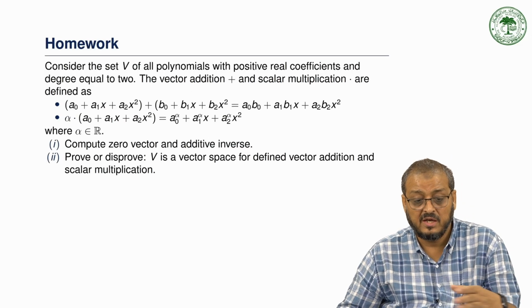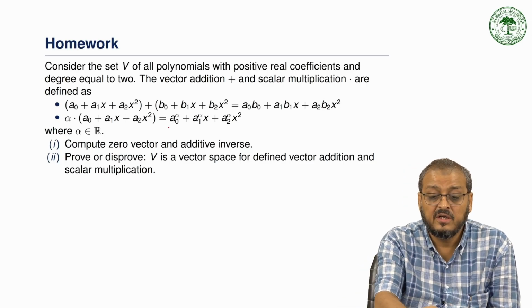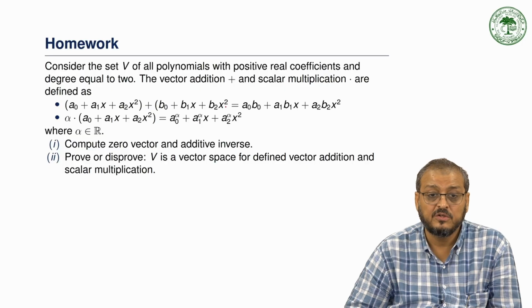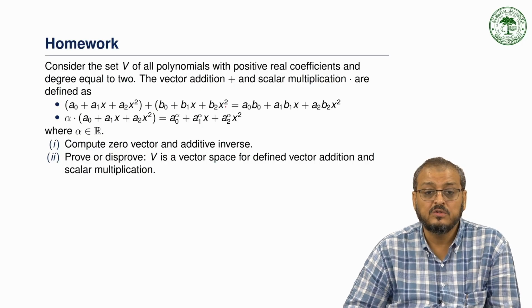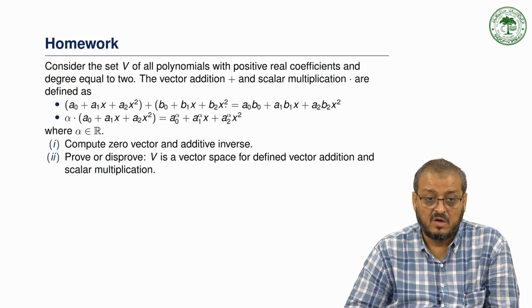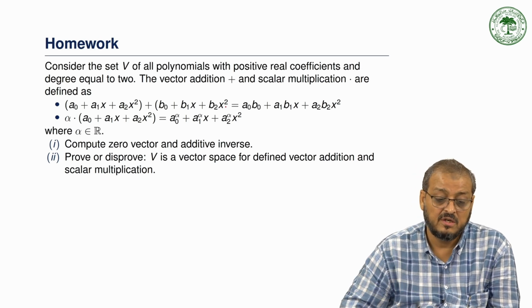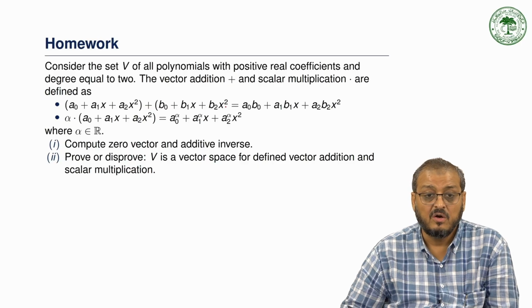And this is the last question: we define addition and scalar multiplication of polynomials in this form. Compute the zero vector of this and also the additive inverse, or prove or disprove that V is a vector space with the defined addition and scalar multiplication.